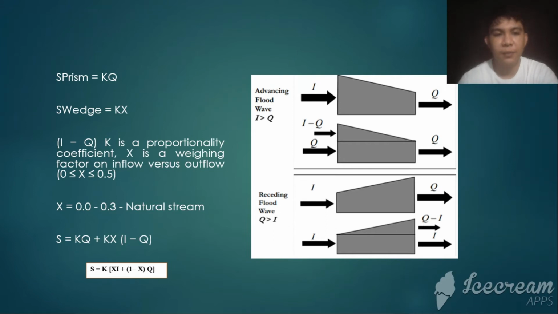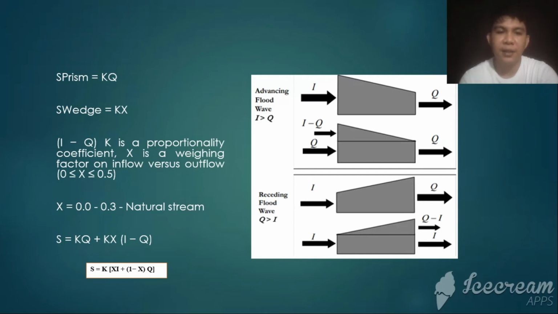So this is the summary of the coefficients and factors needed for solving using the Muskingum method. So we have S prism equals KQ, S wedge equals Kx times (I minus Q).